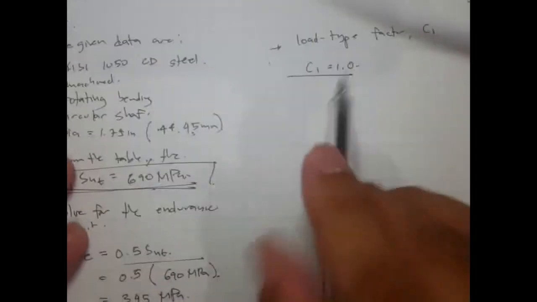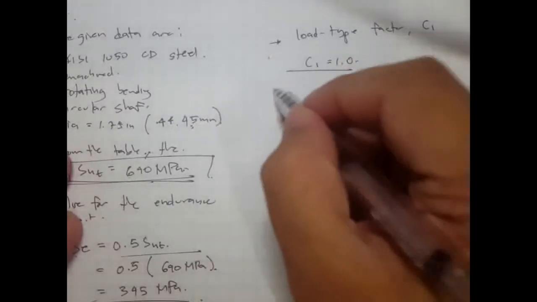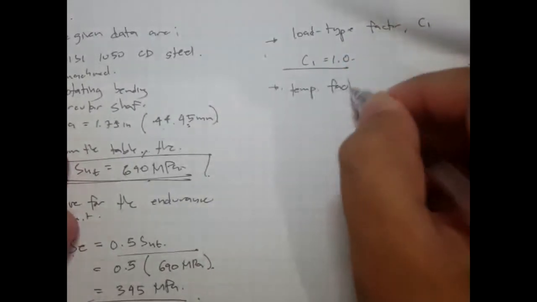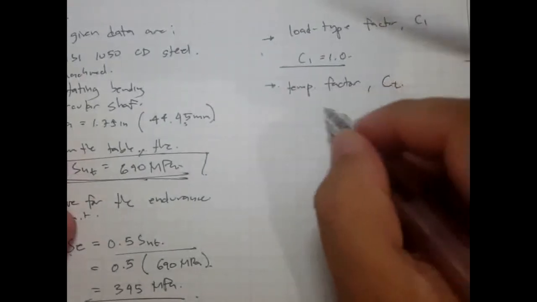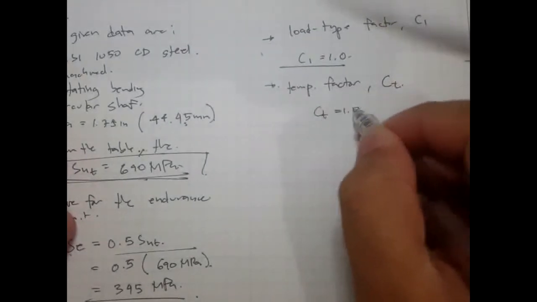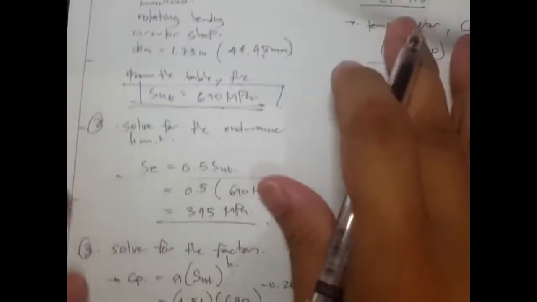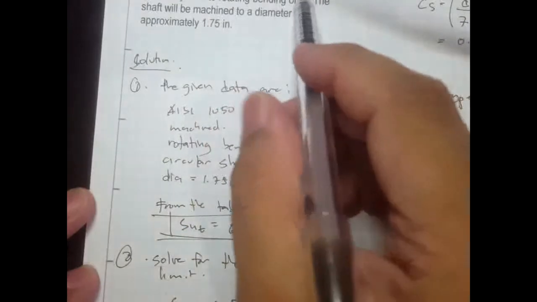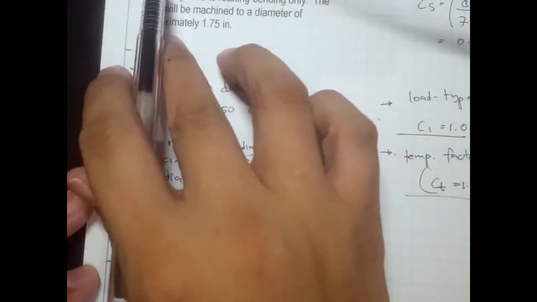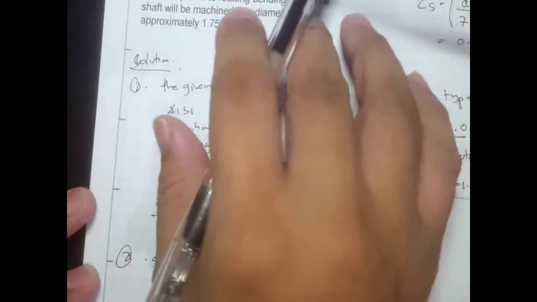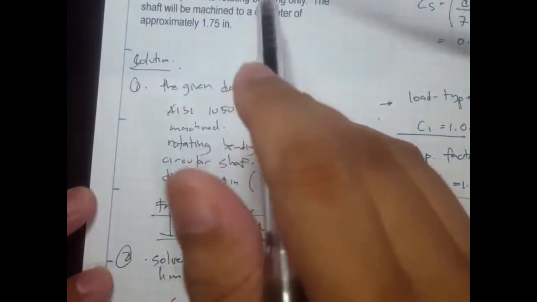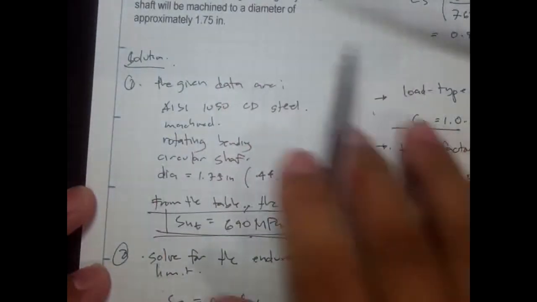For the temperature factor, C_T, this is just equal to 1.0, simply because there are no specifications that it is subjected to elevated temperatures, higher than I think 450 degrees C.